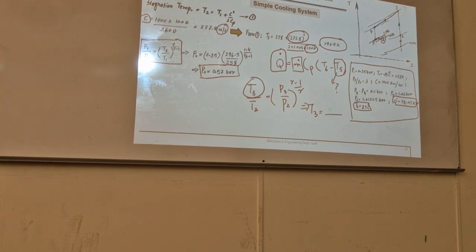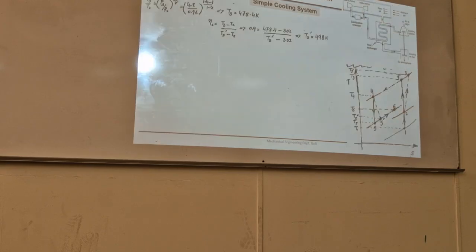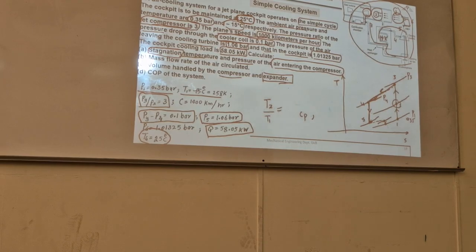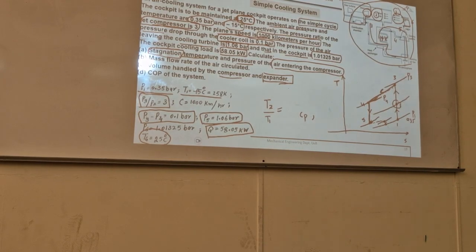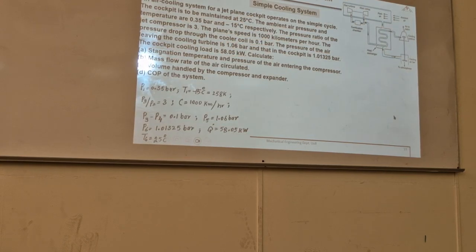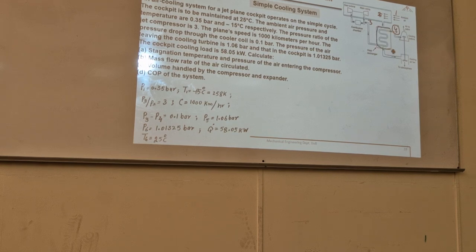Then what can we do here? Look, this is 1 to 2, 2 to 3, 3 to 4. 4 we want to find out. It's not given. This is a heat exchange process.